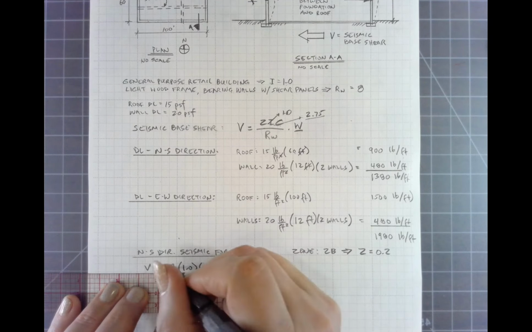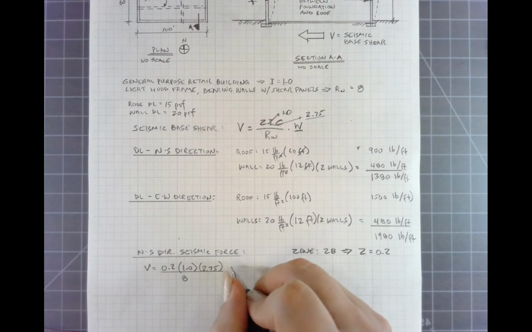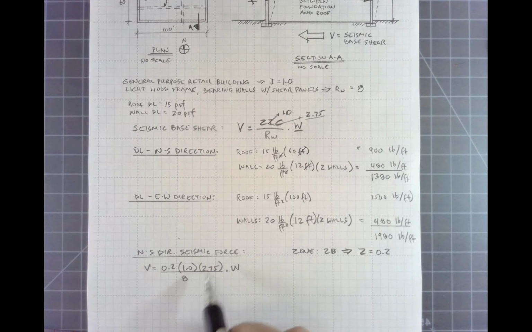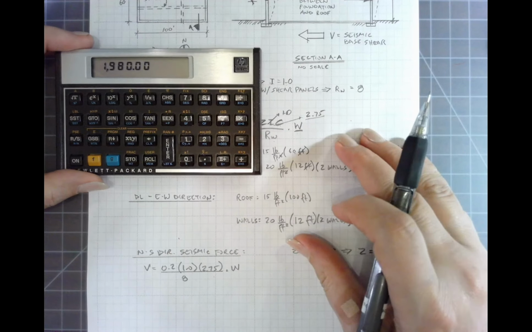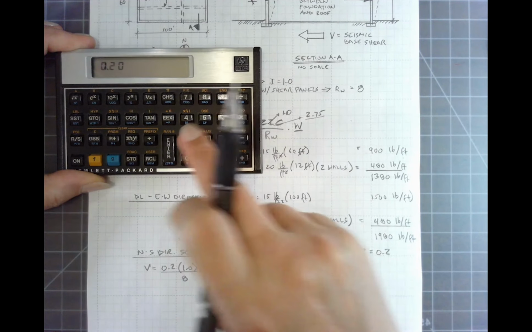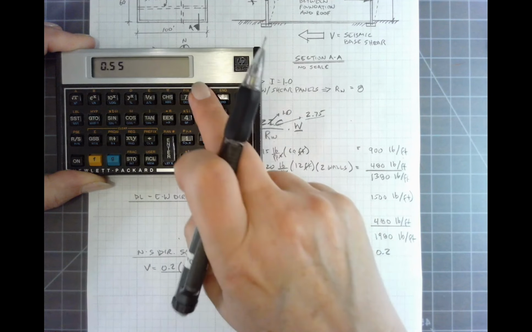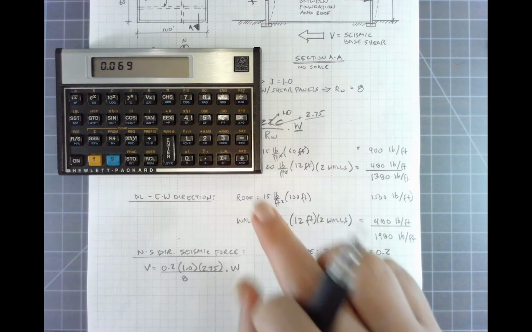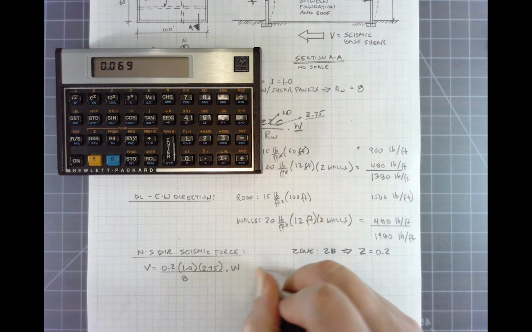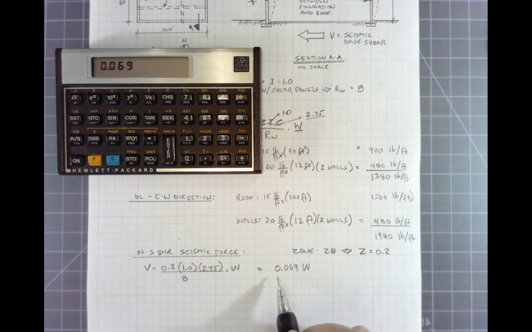Divide this by 8 for the Rw, and that gets multiplied by W. And it doesn't matter if this is north, south, east or west. So let's get our multiplication here. 0.2 times 1, obviously that's 0.2, times 2.75, divide that by 8. That says 0.7. Let's take that to 3 decimal places, 0.069. About 6.9% of the weight is activated seismically.